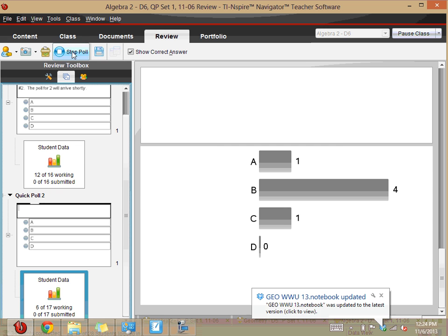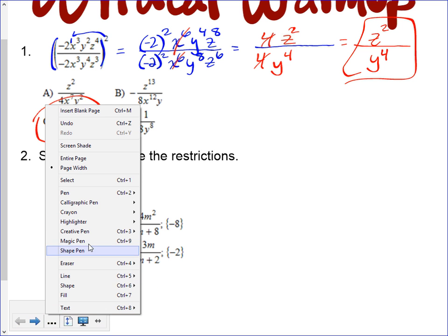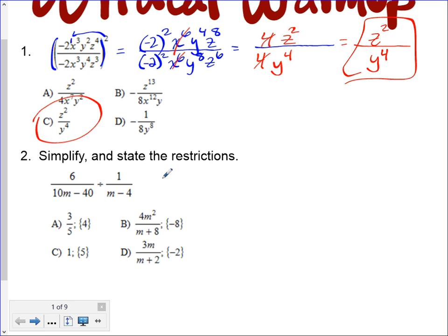Only 6 people responded. I said 20 seconds. If you don't respond, it disappears. If you already responded, then it's in.